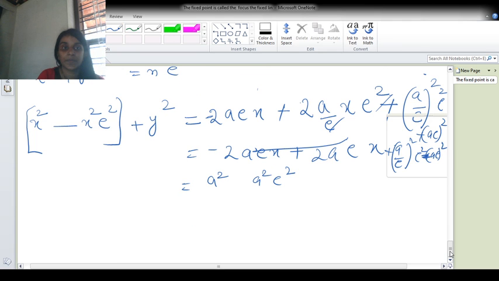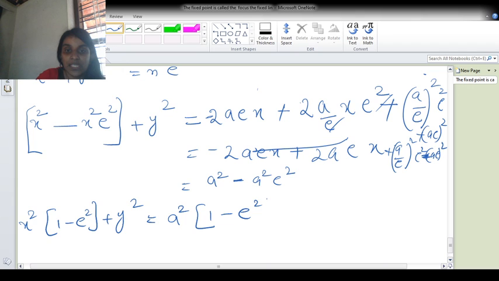So here you got x square, you can take outside 1 minus E square, plus y square, that is equal to minus A square, taking outside 1 minus E square. So you can divide this equation by A square into 1 minus E square. So you got x square by A square plus y square by A square into 1 minus E square equal to 1.